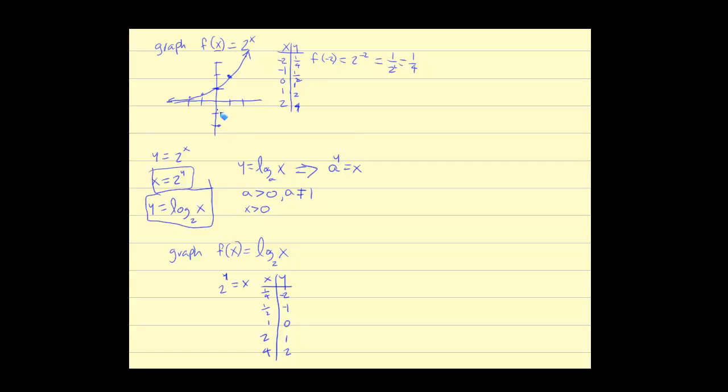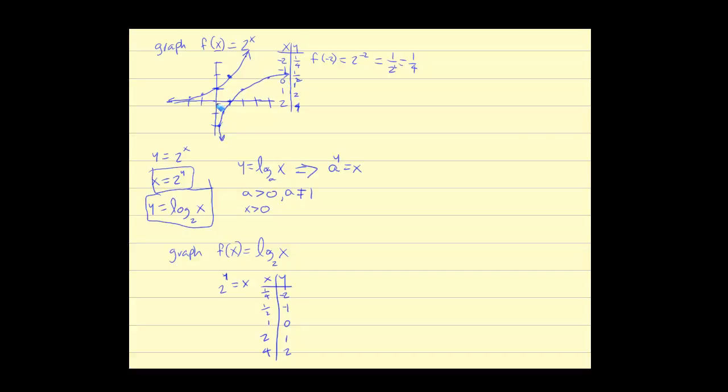So therefore, I should be able to swap the x and y coordinates and get corresponding dots. So we've got 1/2, minus 1; 1, 0; 2, 1; and 4, 2. And here we've got this shape for this graph.